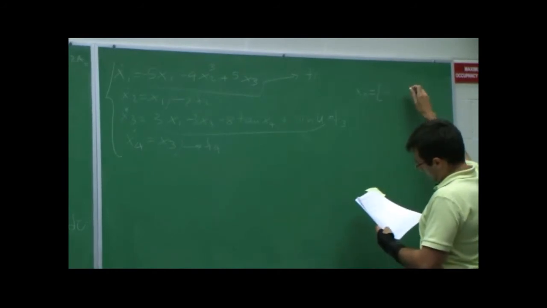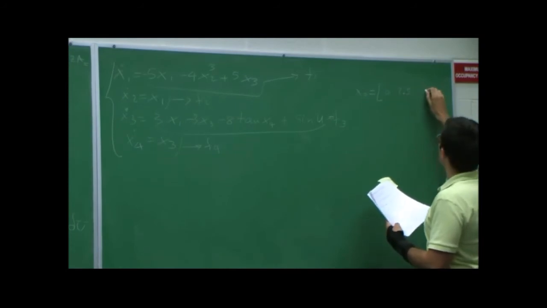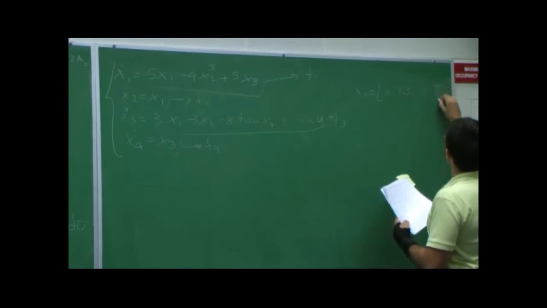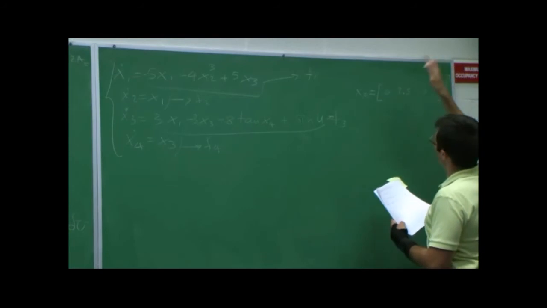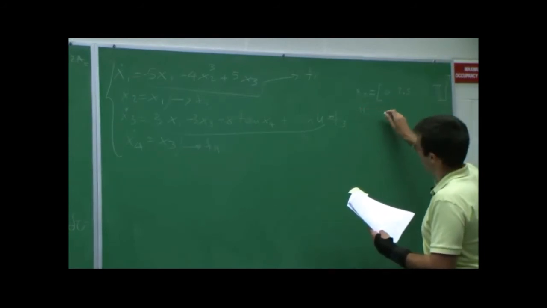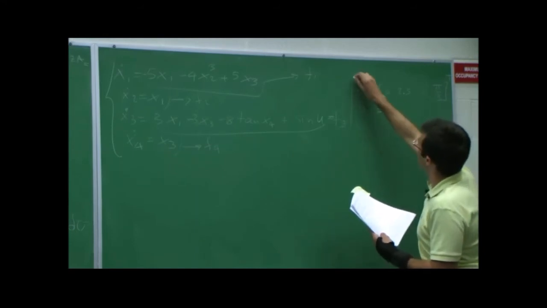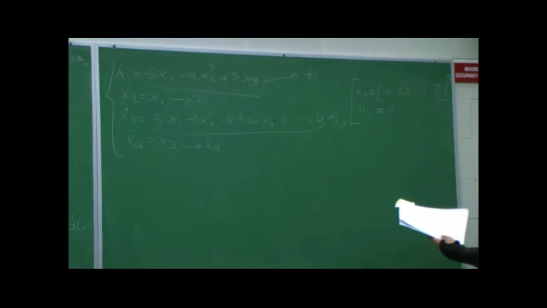I have 0, 2.5, 0, pi over 3. I say it's transposed because that's how we have organized the vectors, in column vectors. And u0 is only one variable, it is 0. So this is my linearization point right here. Or state, rather.